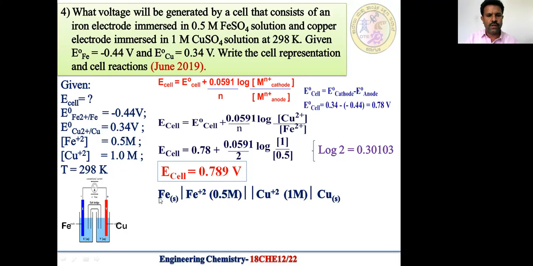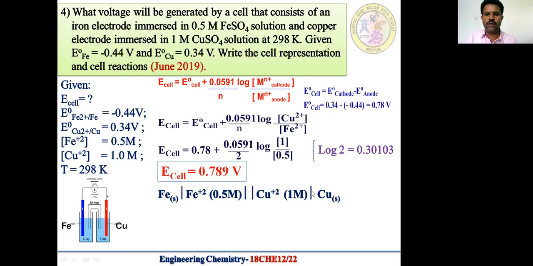Hence, the anode should be written on the left side, that is iron metal immersed in ferrous sulfate solution of 0.5 molar, containing Fe2+ ions, separated by a salt bridge indicated by a double vertical line, and then the Cu2+ ion solution of 1 molar, in contact with solid copper.